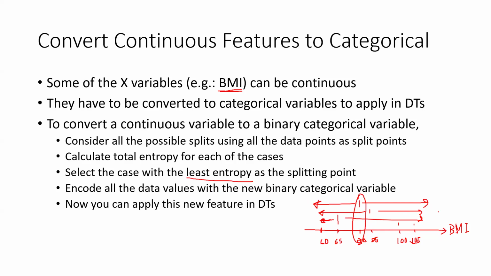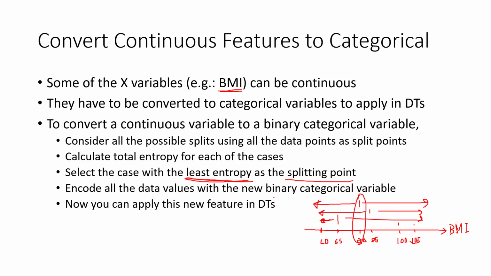We do it for all the data points, and then we take the value which gives the least entropy when used as the splitting point, right? So in this case, 80 is the value with the least entropy, right? So that means when you get a continuous variable, you split the continuous variable by the point which has the least amount of entropy, right?